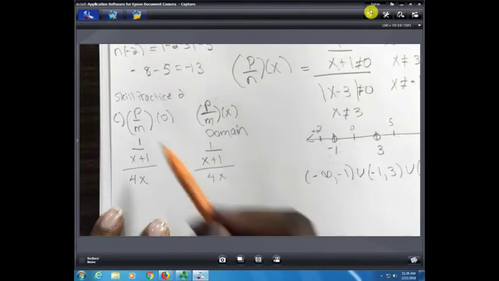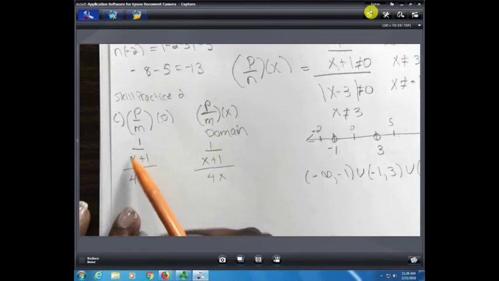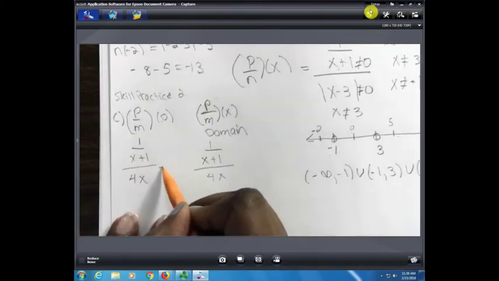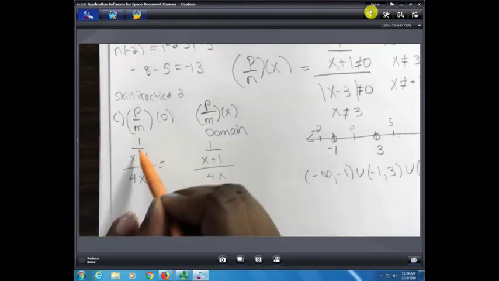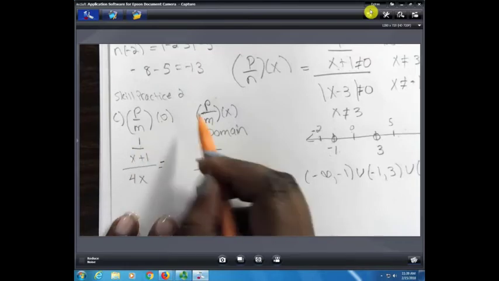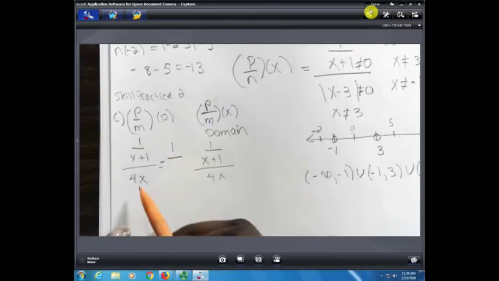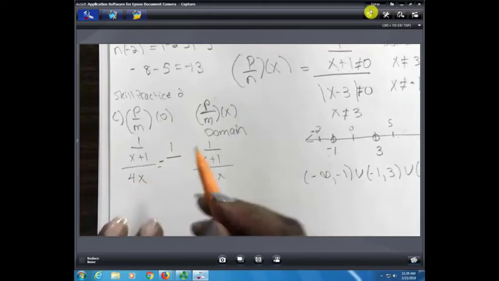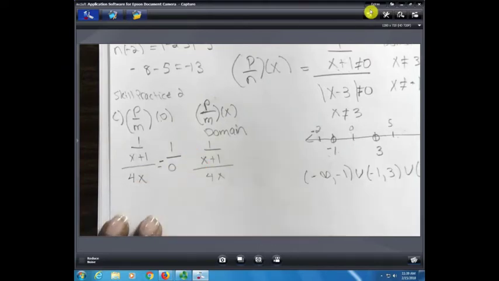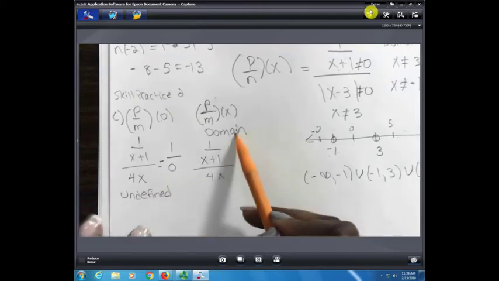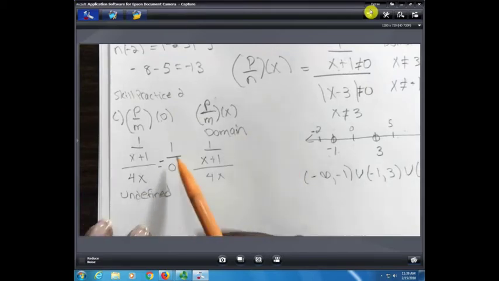And I'm going to evaluate this at 0, meaning I'm going to plug in a 0 wherever I have an x value. So 1 over 1 is just 1. But if I plug in a 0 down here, this will give me a 1 over 0, which will make this function evaluated at 0 what? Undefined.